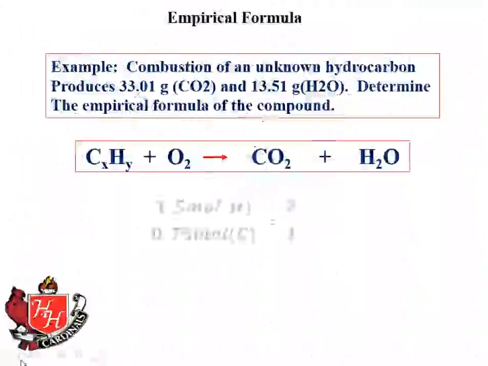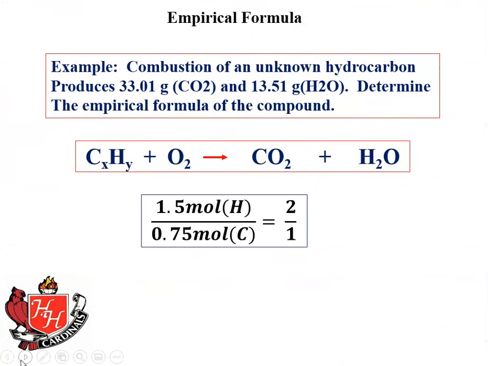So you can see that's the ratio of hydrogen to carbon. And just by inspection, you can see it's a 2-to-1 ratio, 1.5 to 0.75. If not, you would have had to do the procedure where you multiplied 1.5 by 2 and 0.75 by 2. That would have given you 3 on the top and 1.5 on the bottom. That's not whole numbers. So then you multiply by 3, you'd end up with 4.5 on the top and 2.25 on the bottom, still not whole numbers.